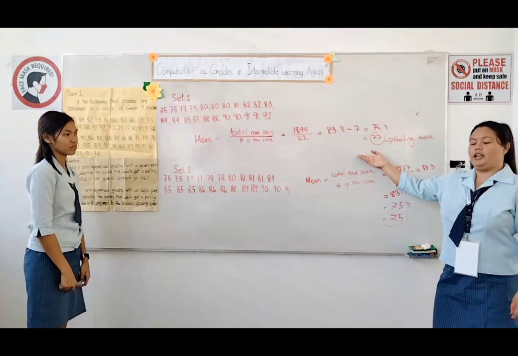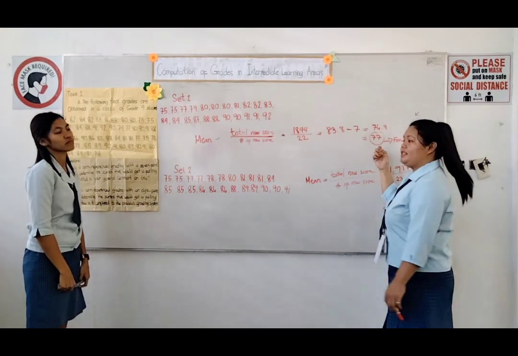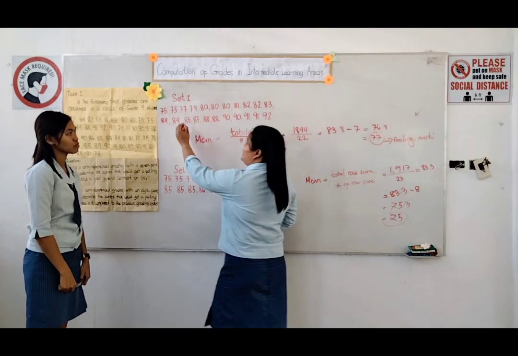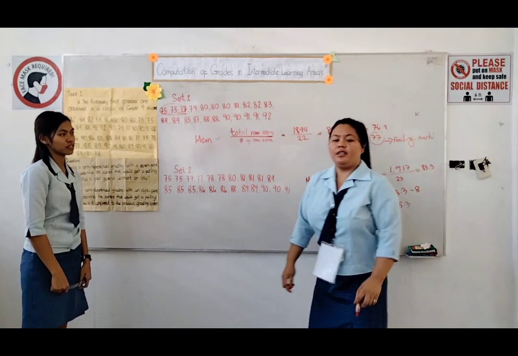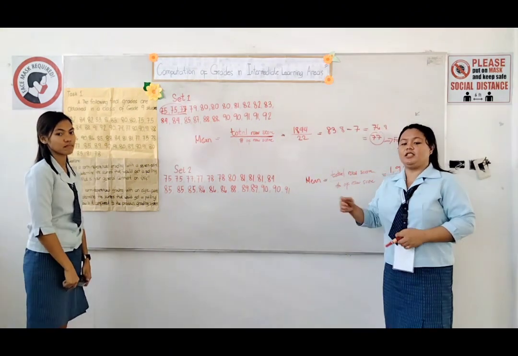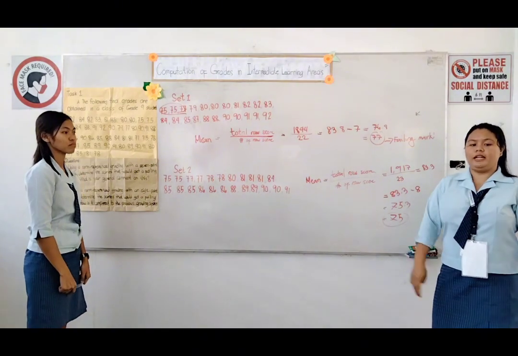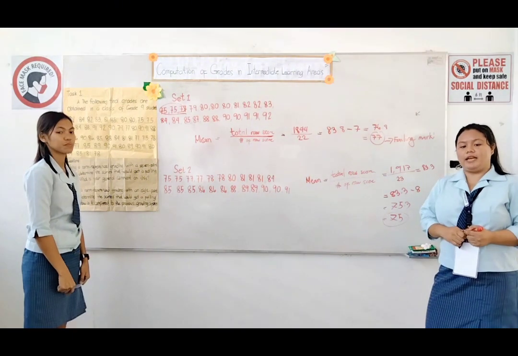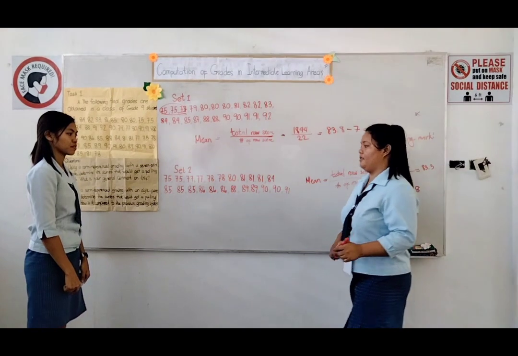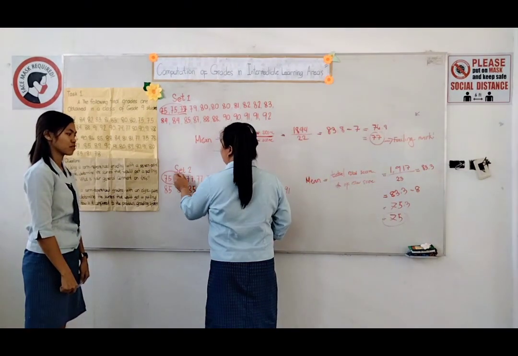Because in set 1, since it is 77, there are 3 students who fail. While in set 2, since it is 75, there are only 2 grade 9 students who got a failing grade in the final grade.